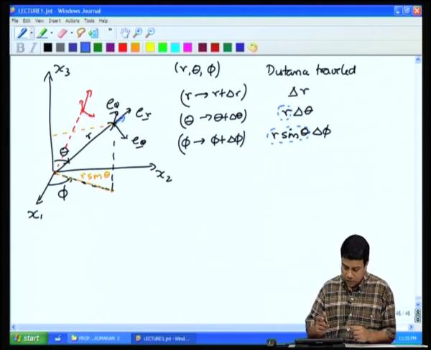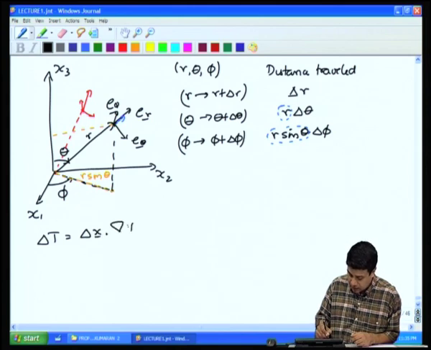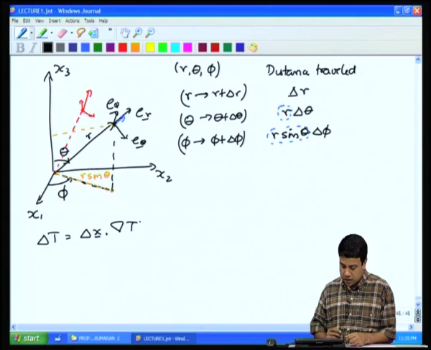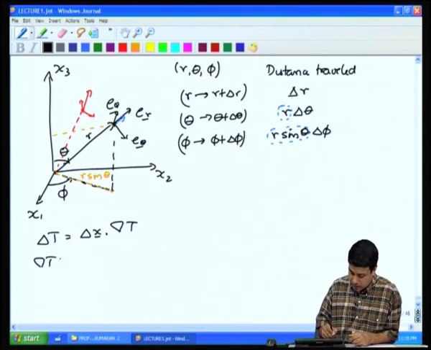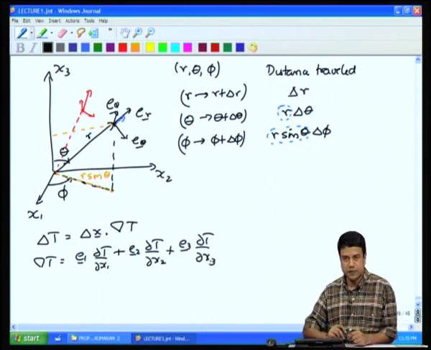For example, you know that for the definition of gradient, delta T is equal to delta x dot grad T. In a Cartesian coordinate system, I had written grad T as e_1 partial T by partial x_1 plus e_2 partial T by partial x_2 plus e_3 partial T by partial x_3.